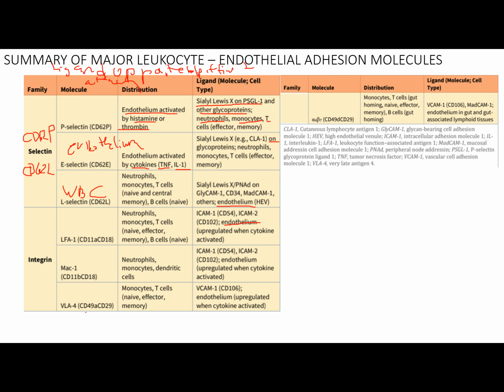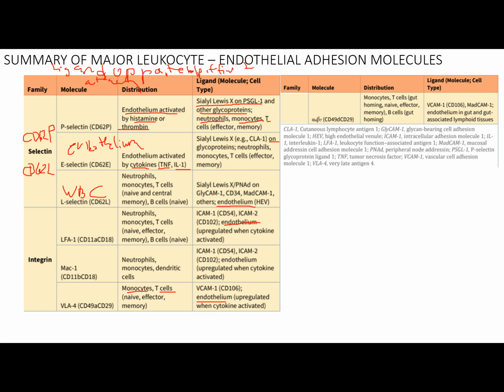Then yung VLA-4 nyo, also known as CD49A, CD29, found in monocyte T cells, naive, effector, and memory. Ang ligand nila class is yung VCAM-1, CD106, and they are found on the endothelium, upregulated also, meaning the dami sila class when cytokine activated.